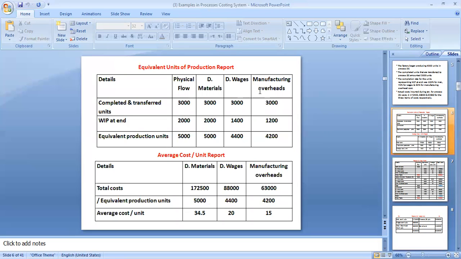But he did this to summarize the answer because he has the same completion rate for direct labor cost and conversion cost. But if the completion rate is different, he cannot amalgamate the two columns together, as I told you.